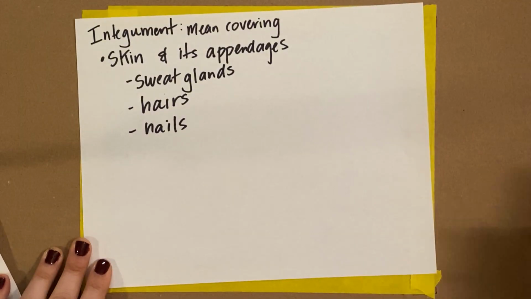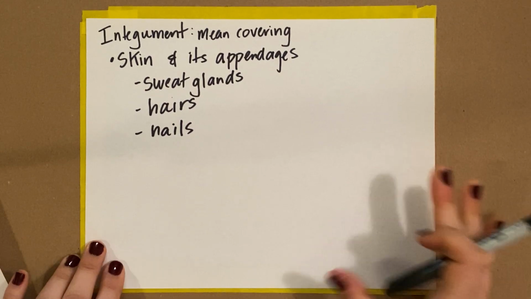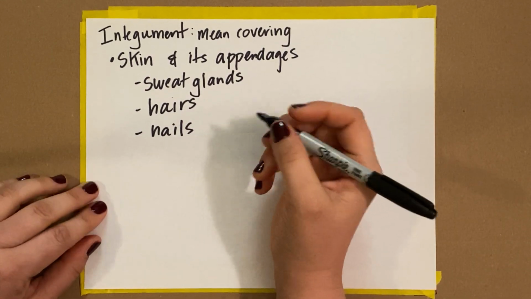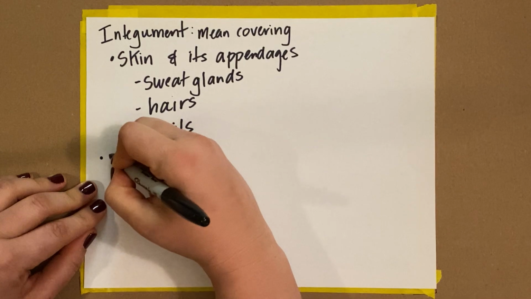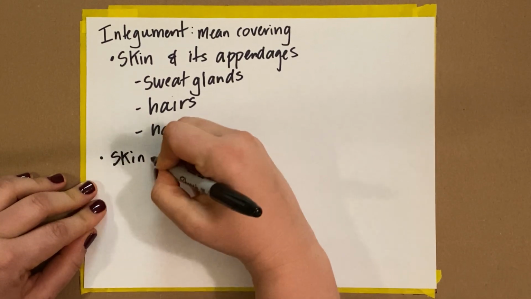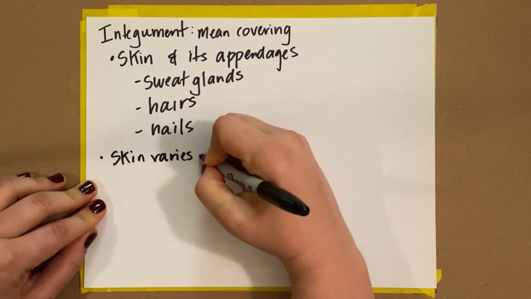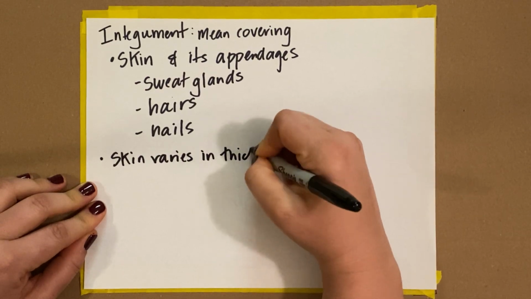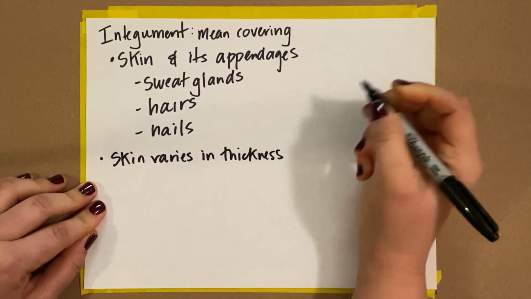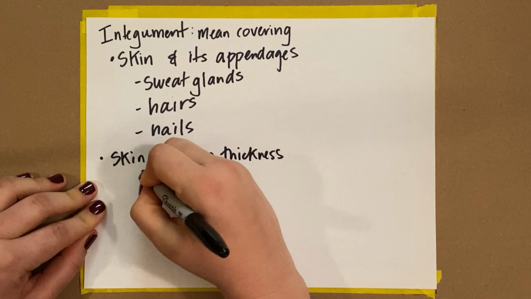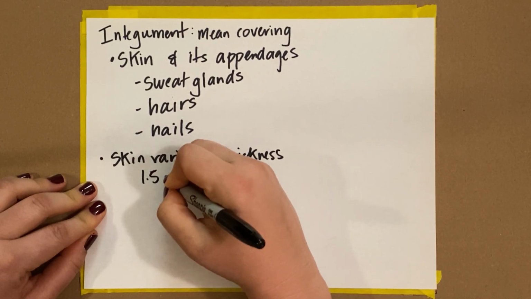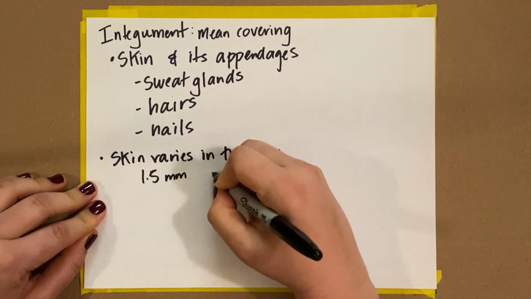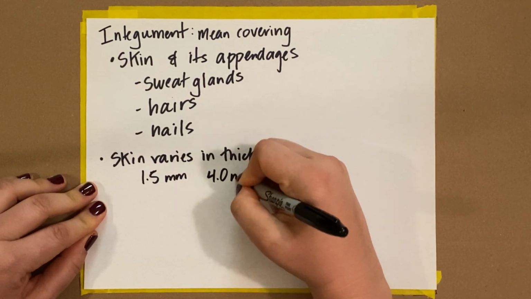Now, depending on where you are in the body, the skin can be very thick or very thin. So skin varies in thickness. Some areas are going to be very thin, so 1.5 millimeters, and other areas can be up to 4 millimeters thick.